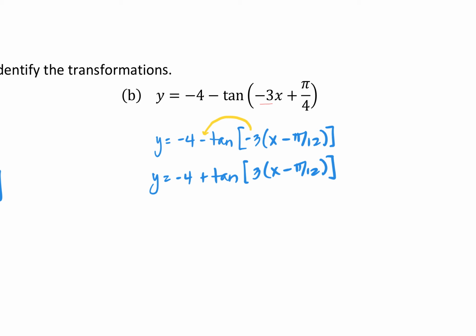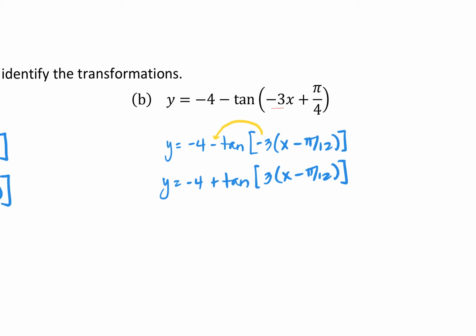Again, if you're not sure if you factored out correctly, go back to the negative 3 stage where we took out the negative 3. Multiply it back through and you should get negative 3x plus pi over 4. Sorry.